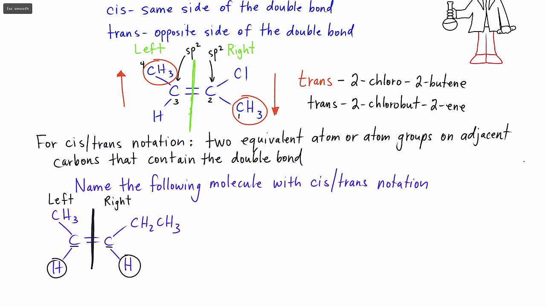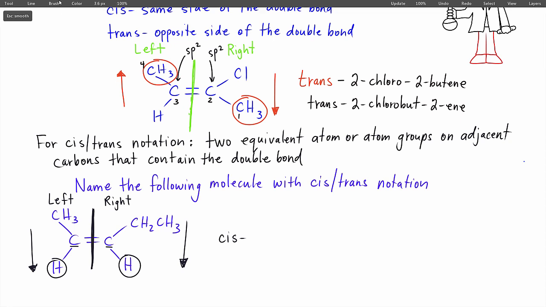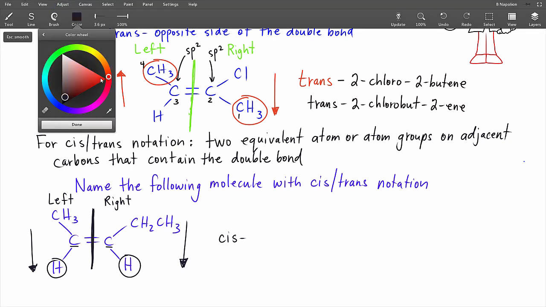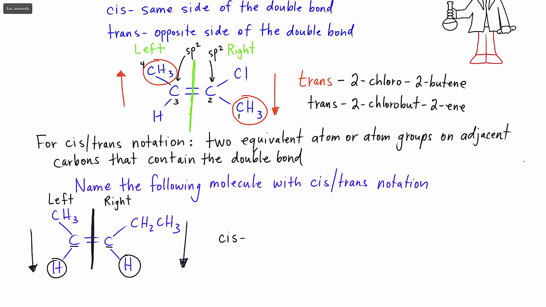Okay. The H is projected that direction. That H is projected that direction. And since they are projected in the same direction, on the same side of the double bond, we're going to call that cis. Okay. Now, what is the name of the molecule? For naming purposes, let's number.